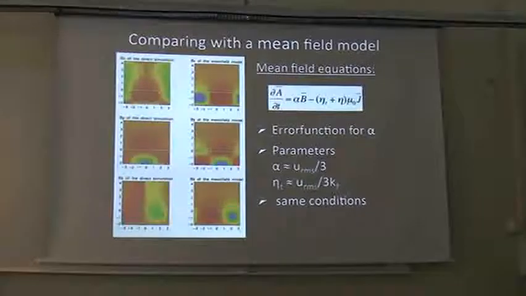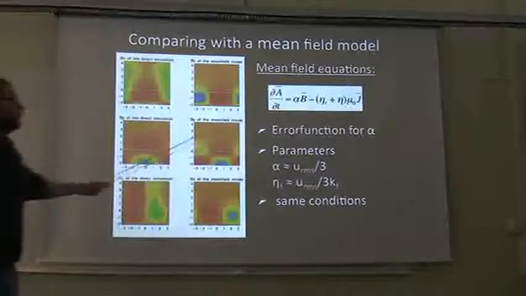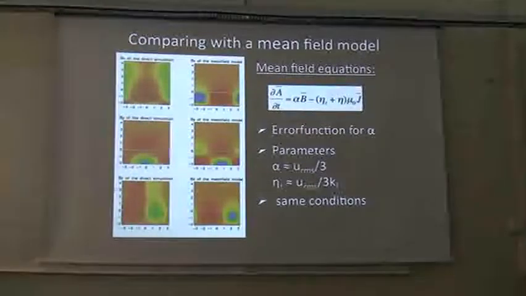But you take URMS from the direct simulation. Isn't that consistent with the assumption that alpha is 0 in the upper layer? Because in the upper layer there is a URMS, isn't there? But you said before that alpha in the upper layer is 0. Do you take it only from the lower layer? Yeah, but the URMS in the lower layer is nearly the same value as the URMS in the whole area.